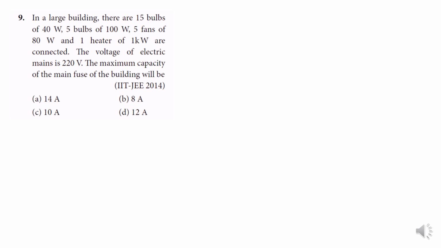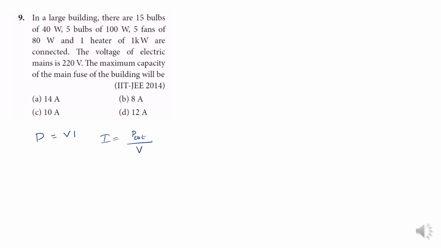So power is given, power of different appliances are given, and the voltage is given. You are asked to find the current. Okay, so we know the power equation is P is equal to V into I. So voltage is given as 220 volt, and you are going to find current. I is equal to P total divided by the supplied voltage V. So these are connected in parallel configuration.